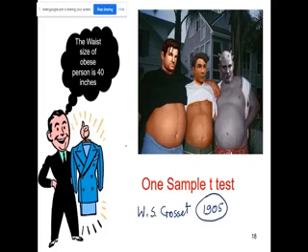So he took a pen name, Student, and published his work on how to perform small sample tests for comparing mean values. He used the letter T for the test statistic, and this test later became popular as the Student's t-test.